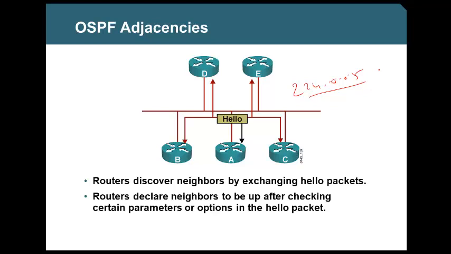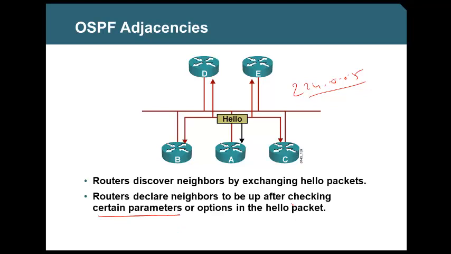It's the hello packet that makes the neighborship negotiation begin. Now in the hello packet, a lot of parameters come. They compare the parameters. When certain parameters that are supposed to match do match, after checking those parameters, then the neighbor is declared.